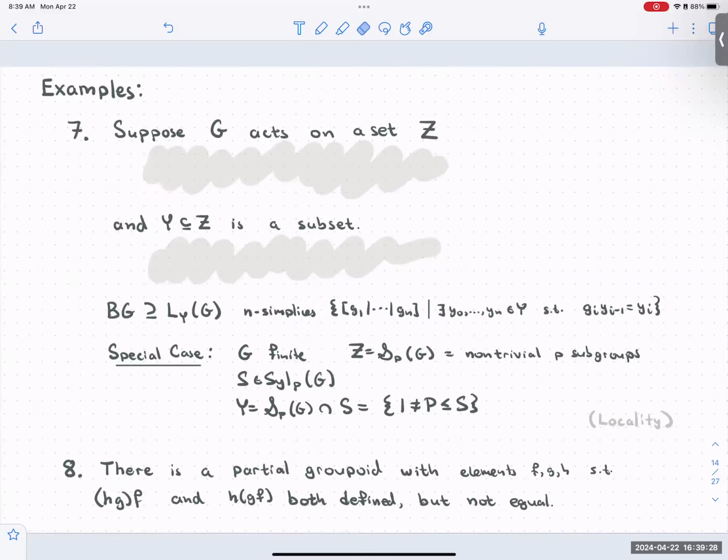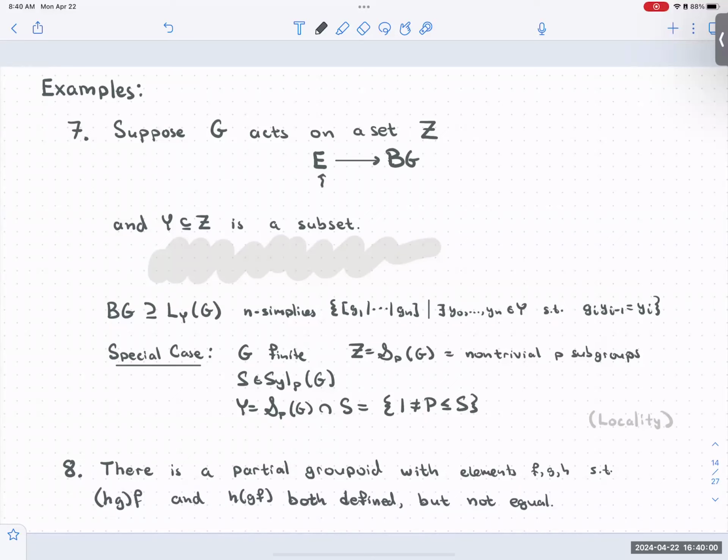So this 7 is my answer about other nice subsets of BG. If I have a group G acting on a set Z, I can form this action groupoid. So I can get a groupoid E living over BG. All of this is in symmetric sets.